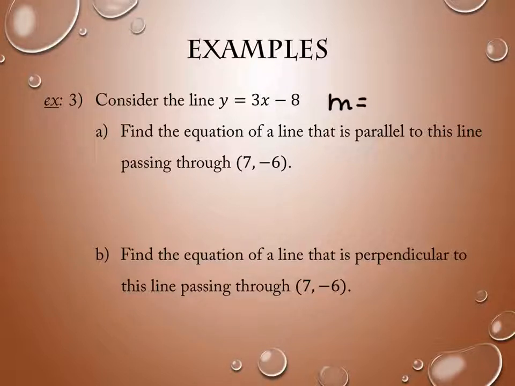What's the slope of this line? It's 3. Okay. Slope's 3, right? Some of you were saying it so quietly and you're looking so doubtful of yourself, I can't even hear if you're right or wrong. Yeah, it is 3. So on part A, when it talks about having a parallel line, our slope will also be 3. When part B talks about having a perpendicular line, what will that slope be? Yeah, negative 1/3.